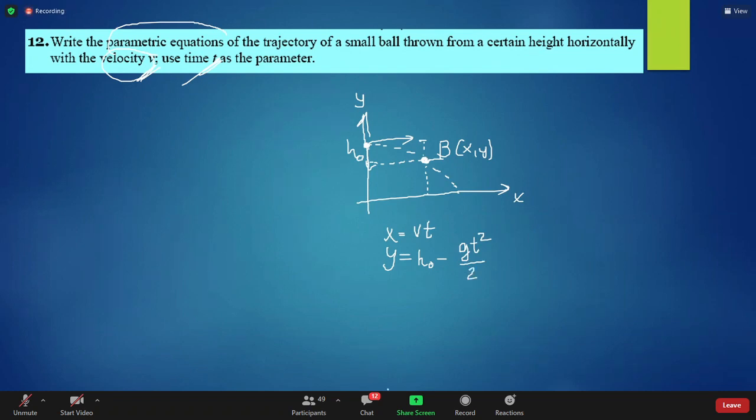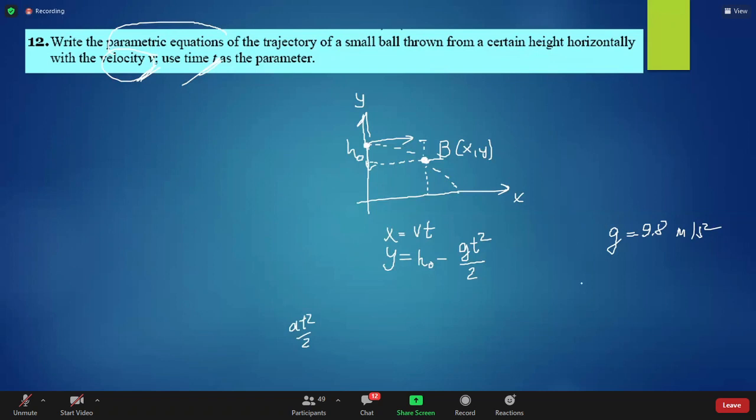And we know that g is approximately 9.8 meters per second squared. And actually it's any distance traveled if we have acceleration a: the distance traveled is a t squared divided by 2. That's from physics.